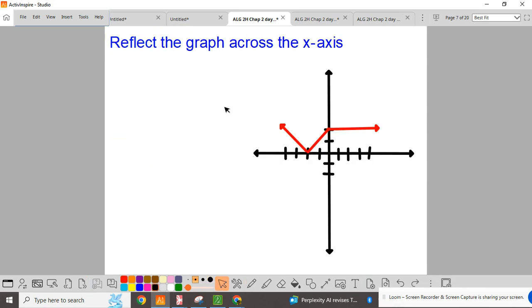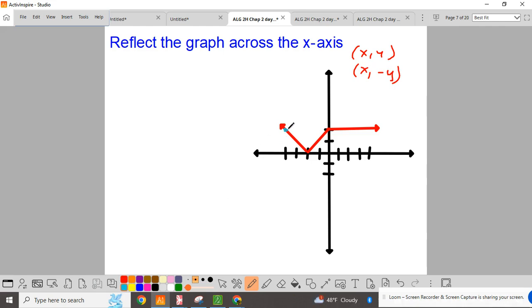Next, reflect the graph across the x-axis. So how do we do that one? Again, we know if you're given x, y, we will make it x comma -y. So we need some crucial points here.